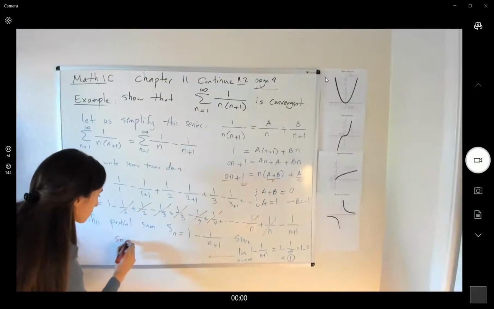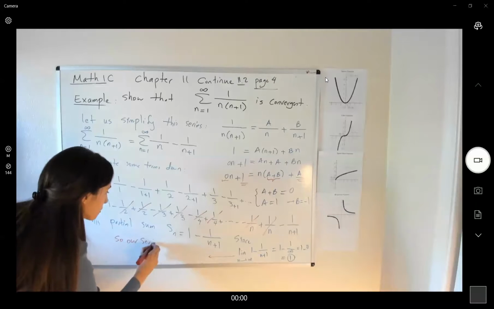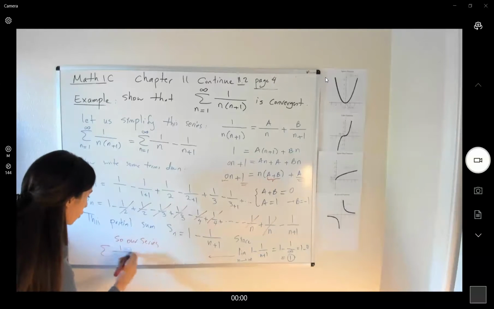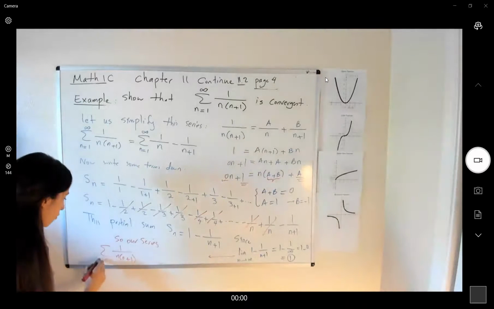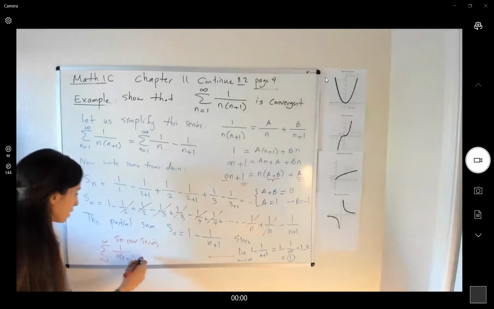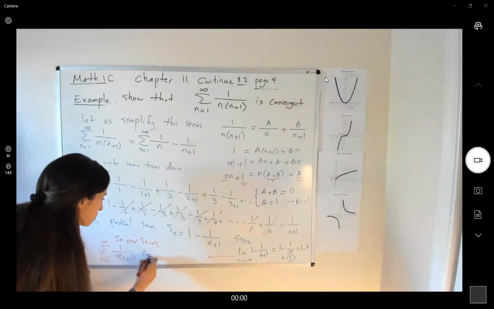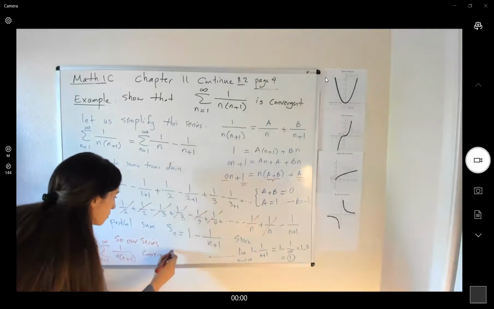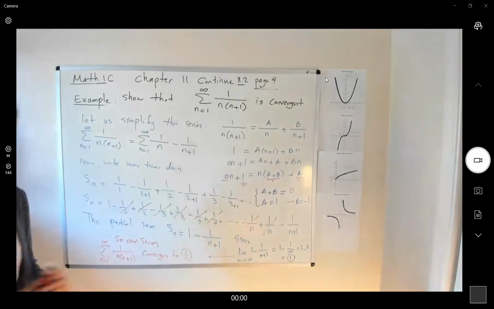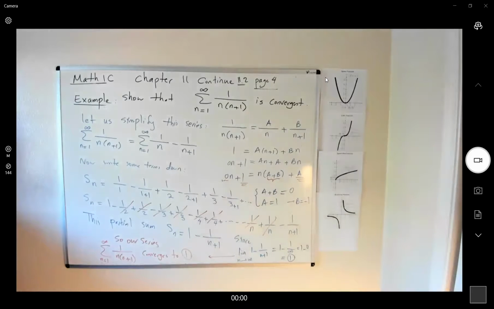So our series sigma 1 over n, n plus 1, n starts from 1 to infinity, converges to 1. Very well, let us continue.